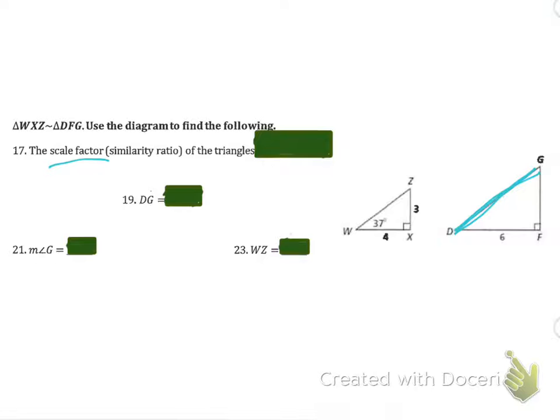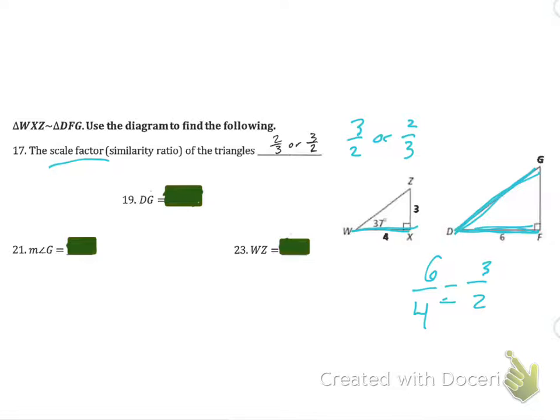If these are similar, which it says they should be, then DF is going to be similar to WX. So I could do 6 over 4, which I can reduce to 3 over 2, and I can flip that. So it should be 3 over 2 or 2 over 3. Let's see if I'm right. You know I am.